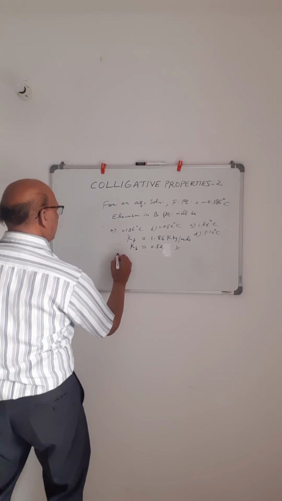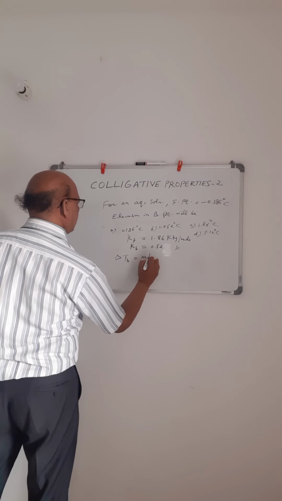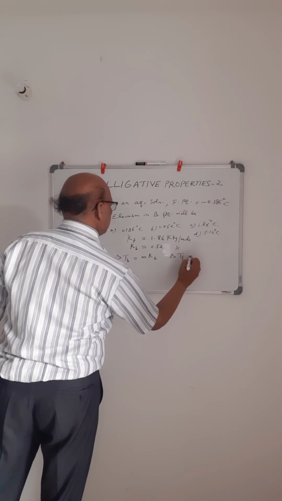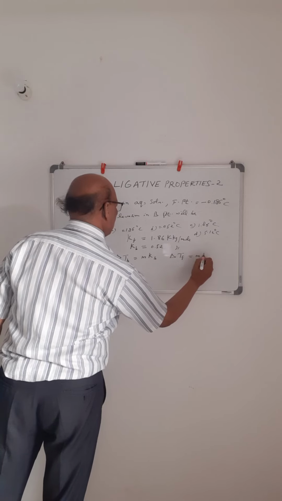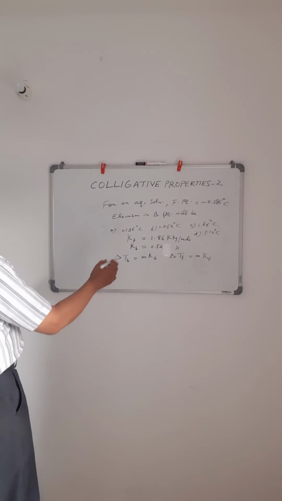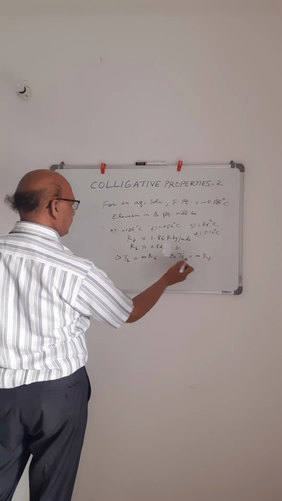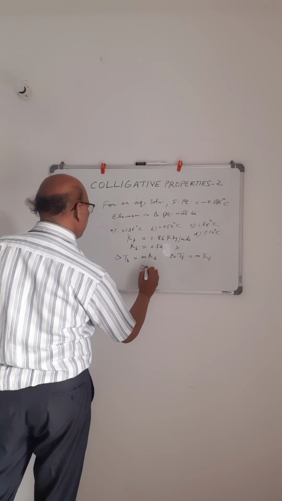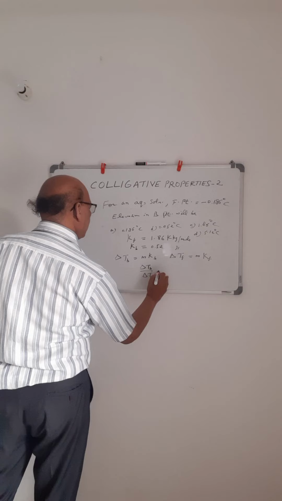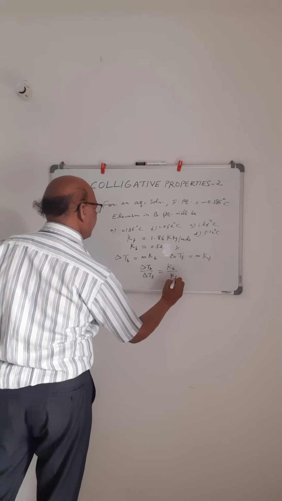We will apply the formula delta Tb equal to molality into Kb, and delta Tf is molality into Kf. Because the molality has not been given, we can eliminate the molality by these two equations.